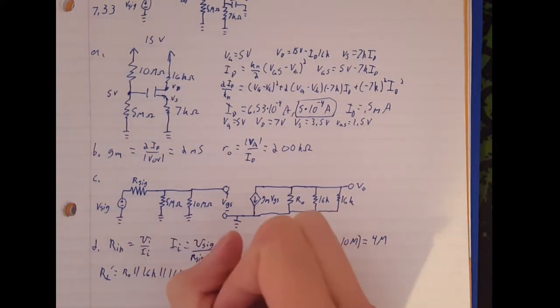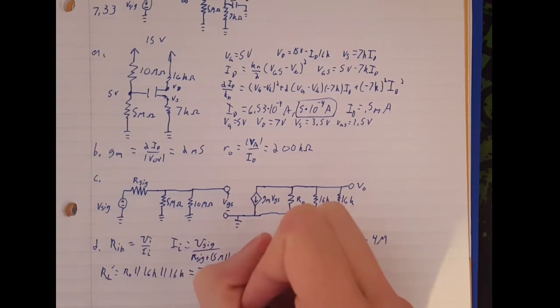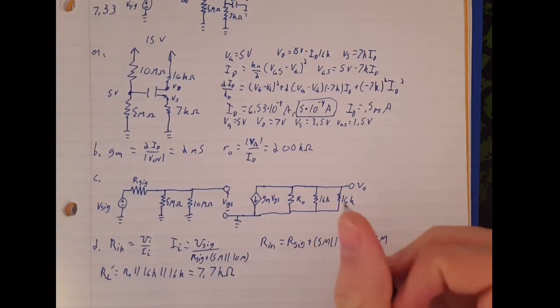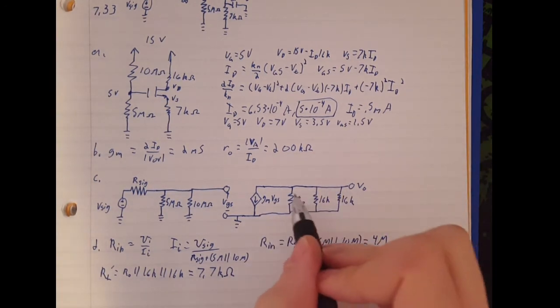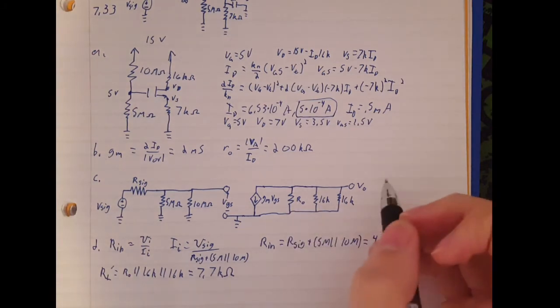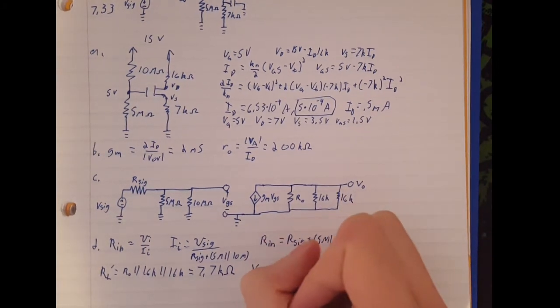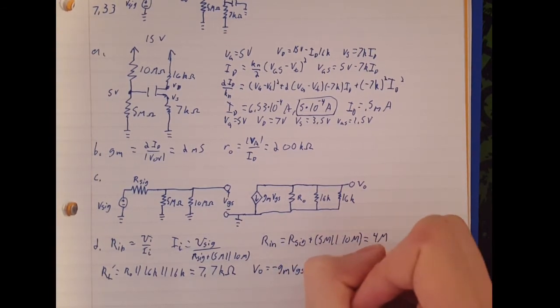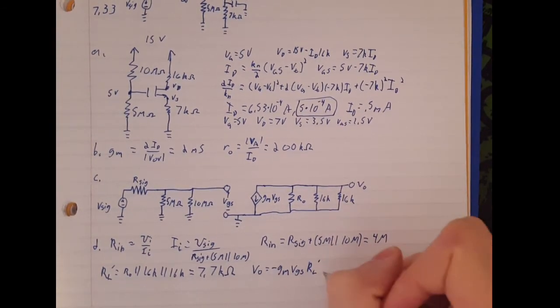That's going to equal 7.7 kilo ohms. So we got a current here, we got one resistor here because we combined all of these. And so V out is just negative gm VGS RL prime.